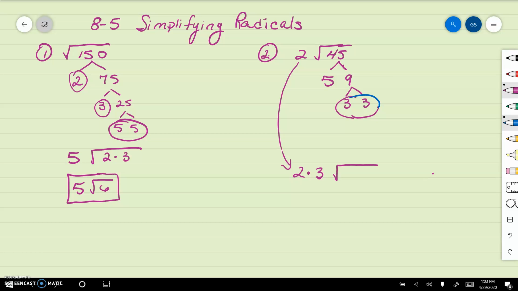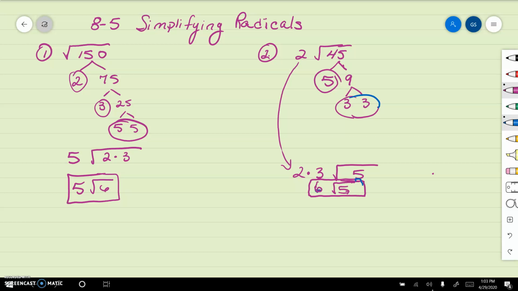And then inside the radical, we're going to put the loner here, which is the 5. That was the bottom of that branch. So 2 times 3 is 6, and then radical 5. There you go. That's 6 radical 5.